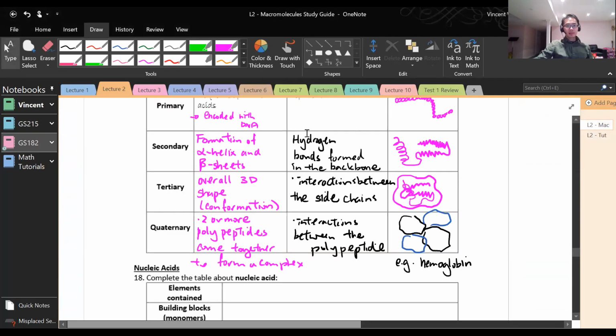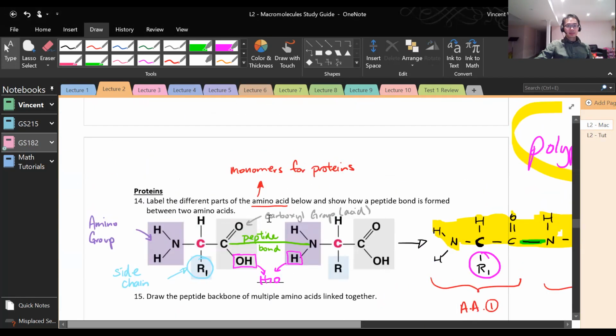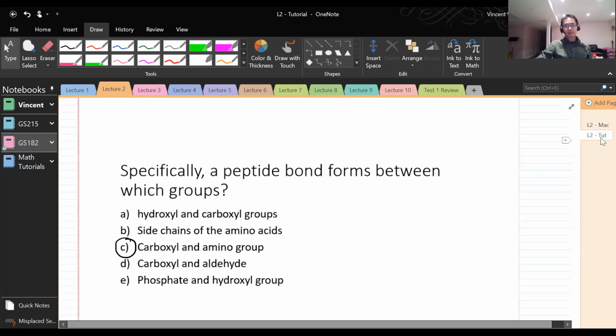You go back to here, you can see that, right? You take the carboxyl group and the amino group, you remove a water molecule, and that's how you form the peptide bond. There's nothing to do with the side chain. Side chains do not link together ever.